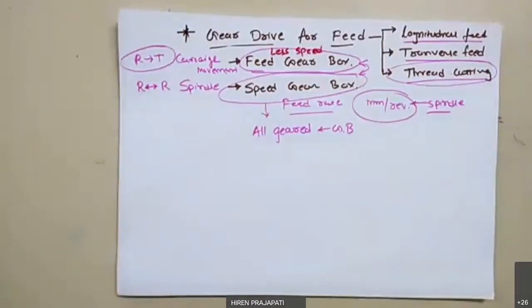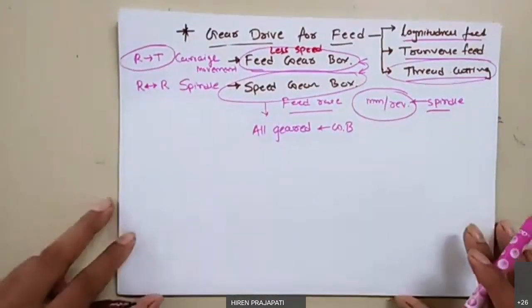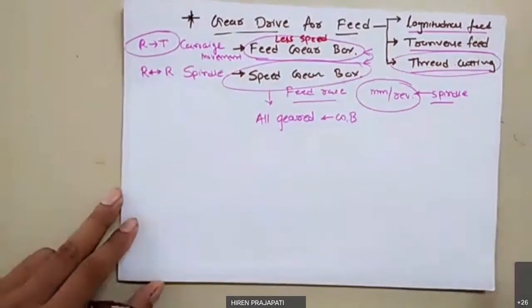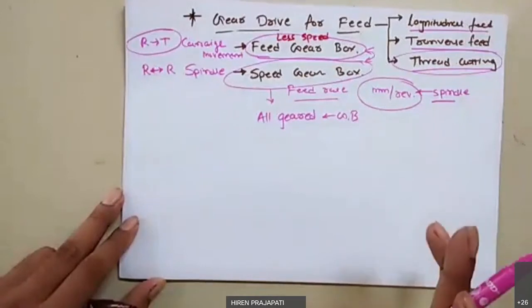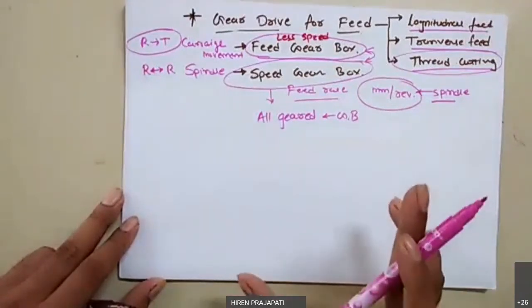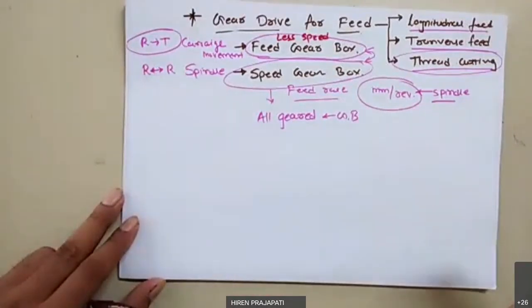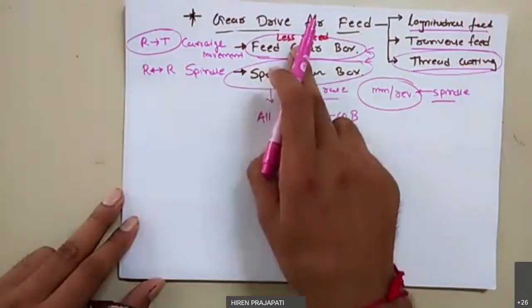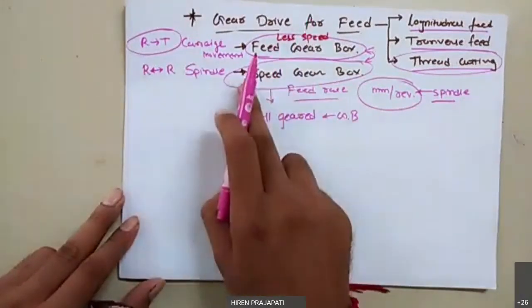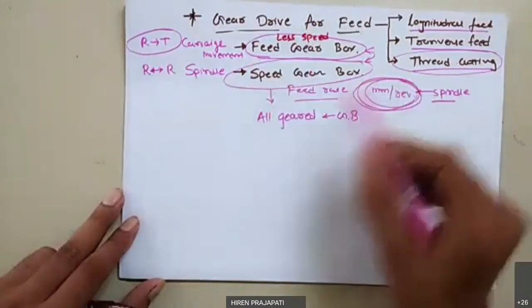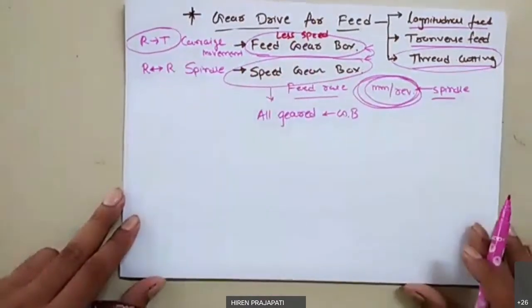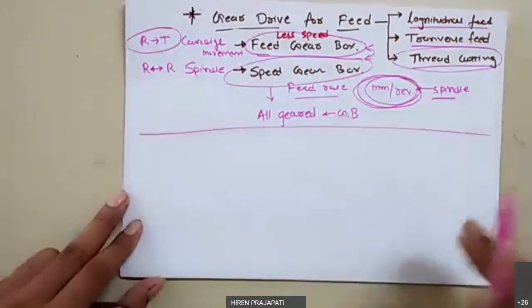So let us consider turning operation on lathe machine, and we'll see now if we put feed box after speed box and before speed box, then what change we get in this mm per revolution, right? So that part we'll see now.